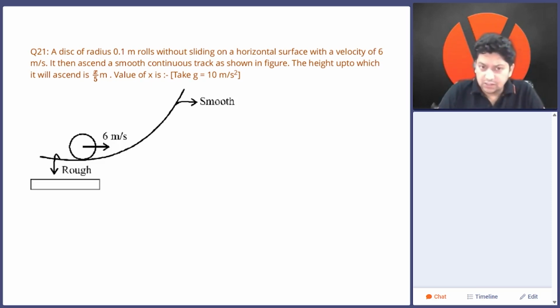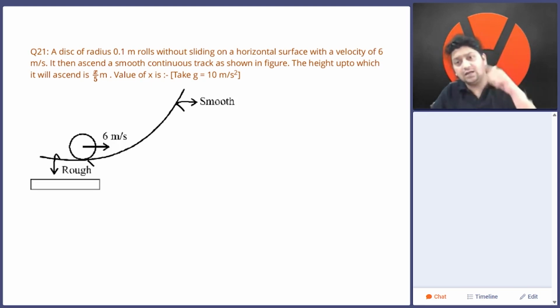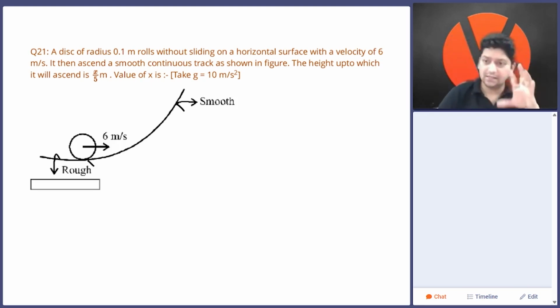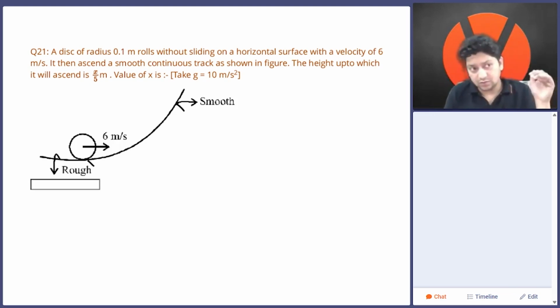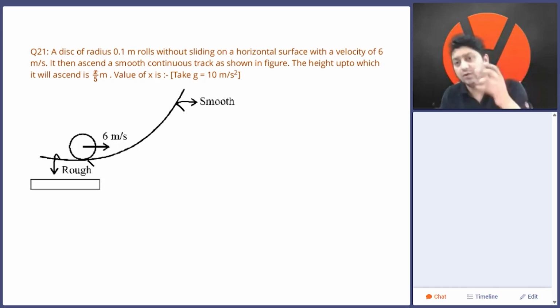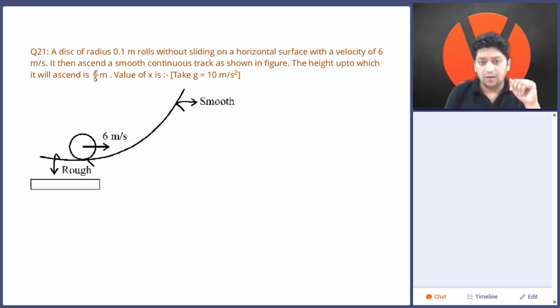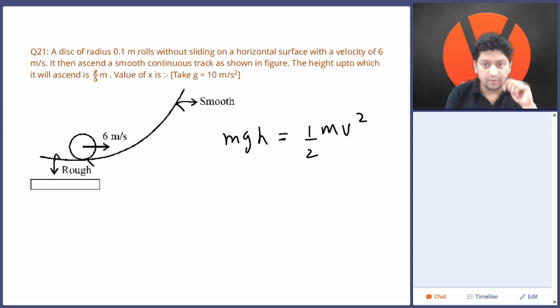Okay, so initially the surface was rough, the ascent was smooth, so it means the rotational kinetic energy will stay as it is in the object. The translational kinetic energy will get converted into potential energy. So the gain in potential energy will be due to the kinetic energy of translation only. What we need to figure out is h.